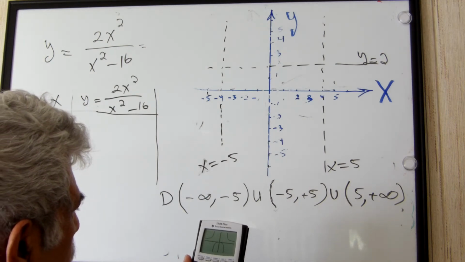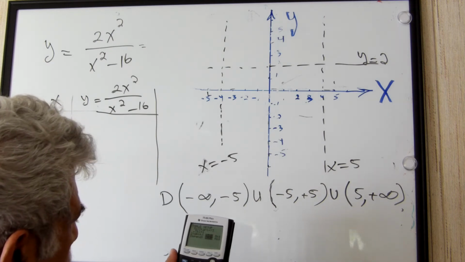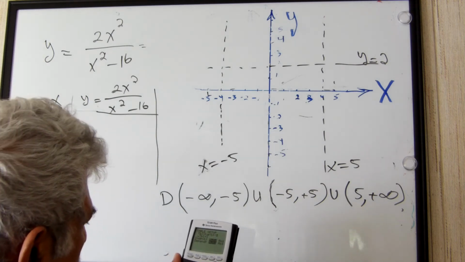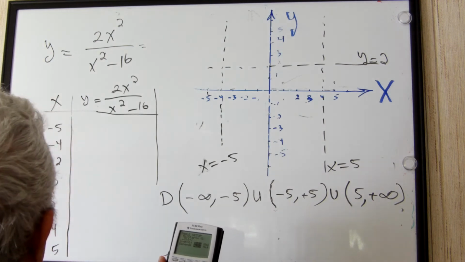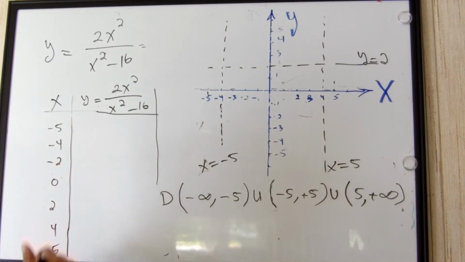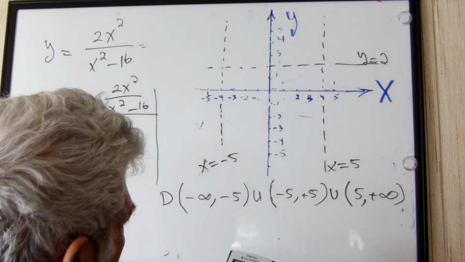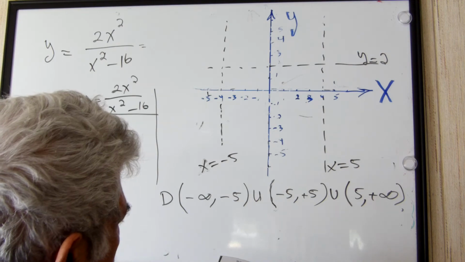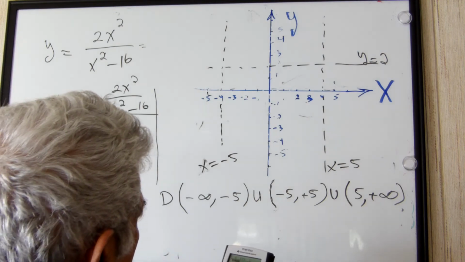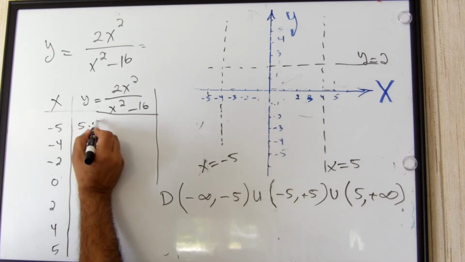The table is set, we start from minus 5, which gives 5.5.